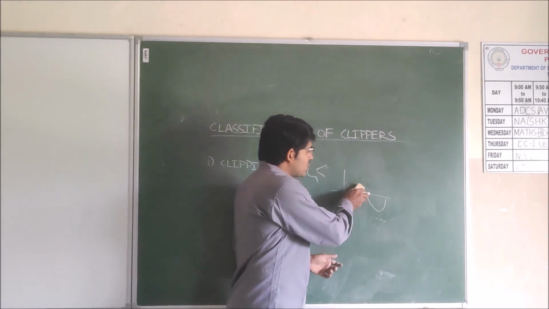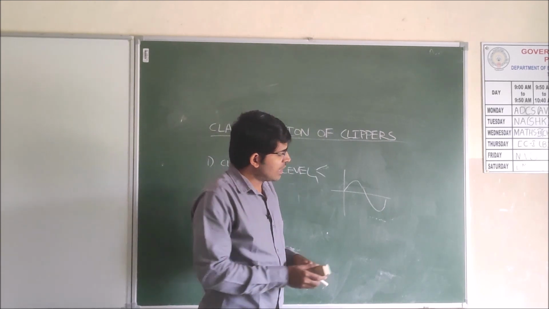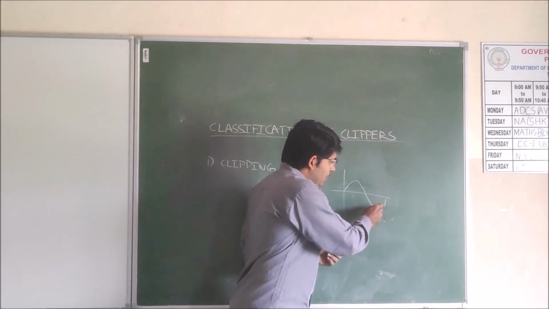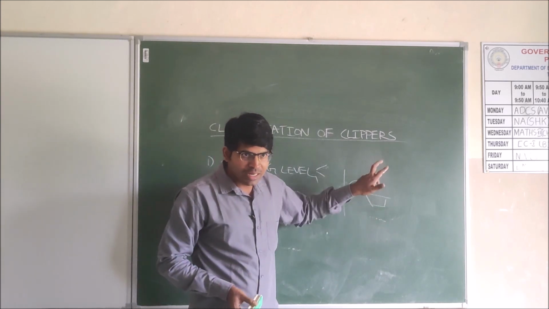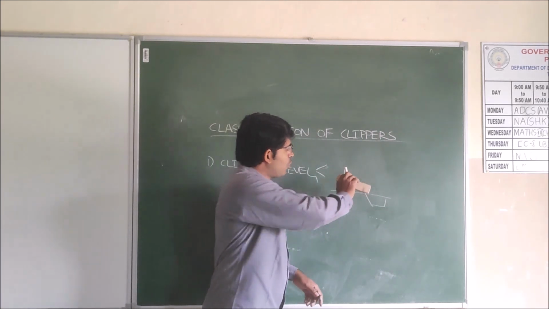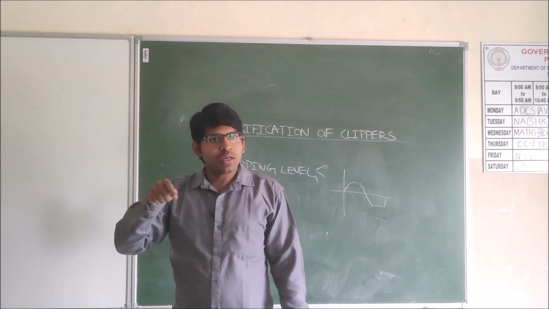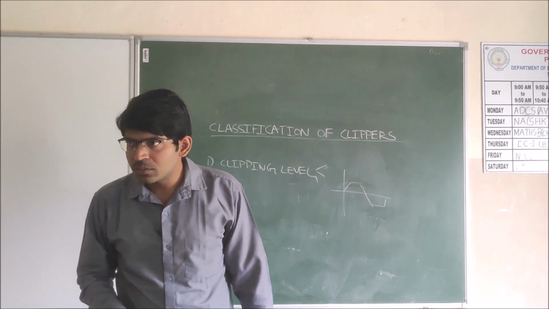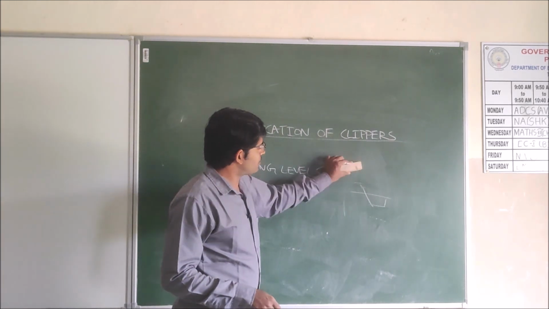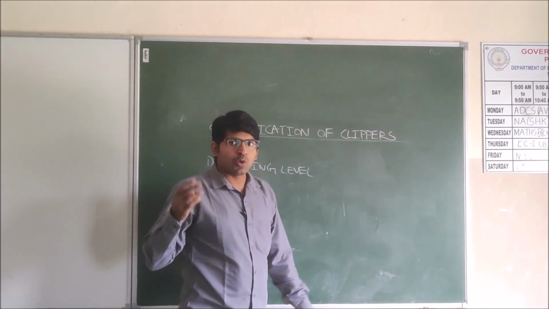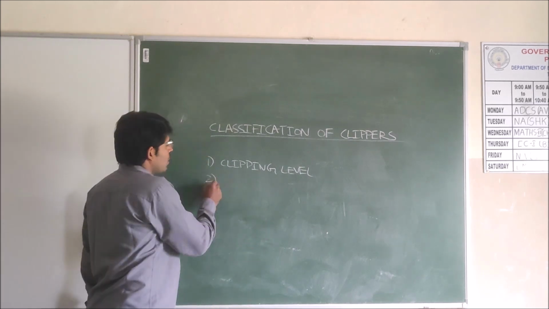If there is no change in the positive peak of the input signal and the negative peak is clipped, that type of circuit is called a negative clipper. If both peaks are clipped, then that type of clipper is called a double-ended clipper. So based on level: positive clipper, negative clipper and double-ended clipper.